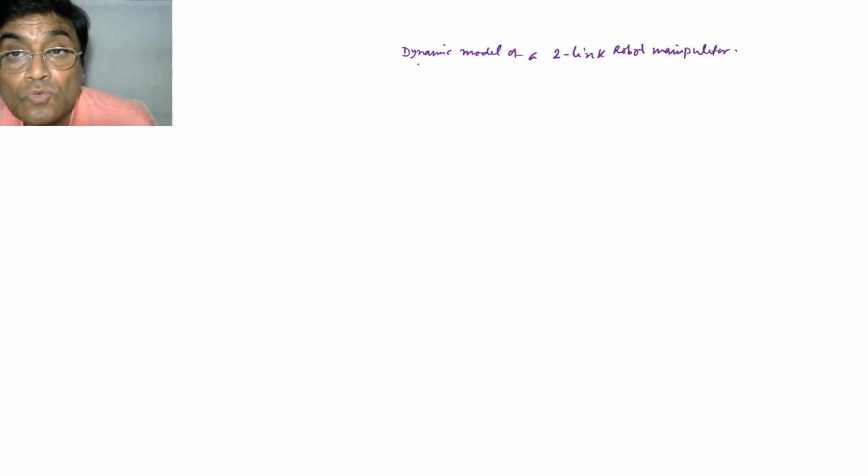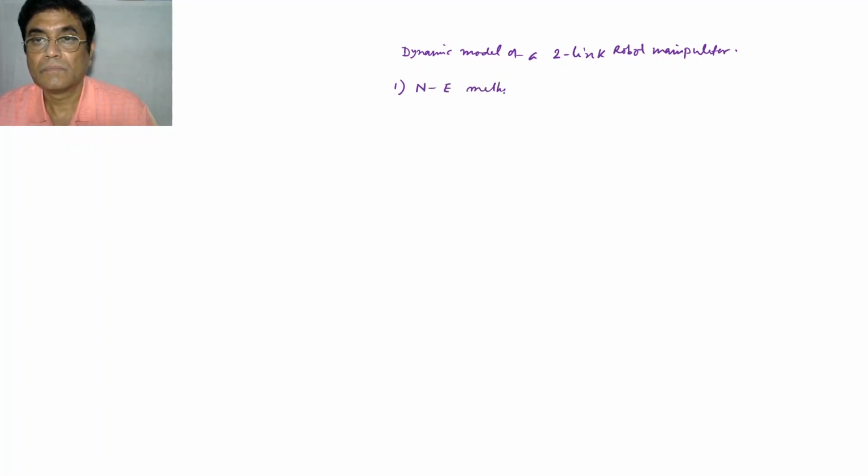Now, there are two very popular tools for making a dynamic model. One is known as the Newton-Euler method, another is the Lagrangian method.